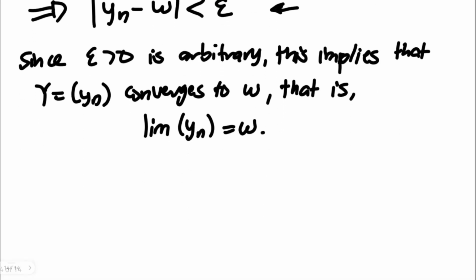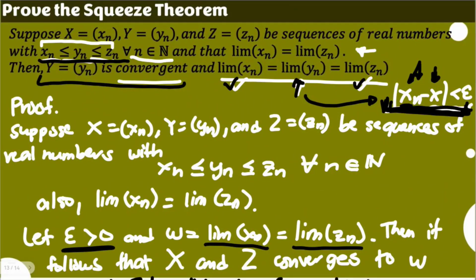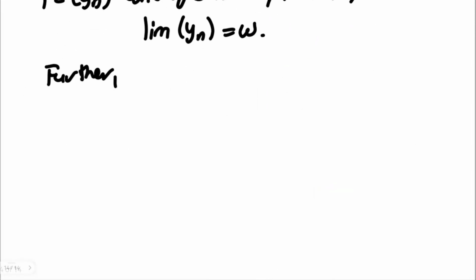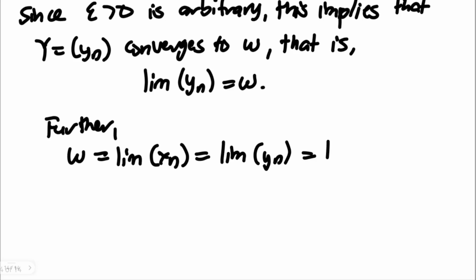Further, this is now what we are trying to show: now that we have shown this is w, and these two are already w as assumed earlier, the limit of x sub n, which is w, is equal to the limit of y sub n, which is equal to the limit of z sub n.